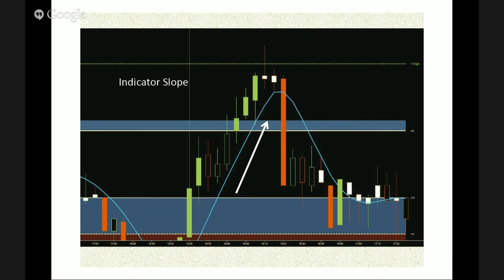And then we have indicator slope. Basically, we want to sell resistance. We want to be selling if the price has been moving up into this area.